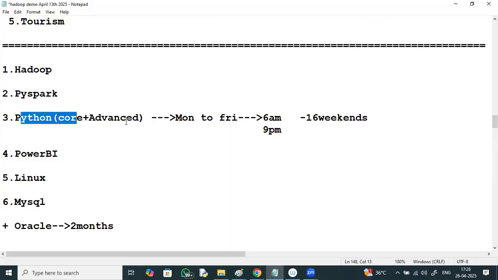Python Core and Advanced, both, around 50 sessions I'll be discussing, because you should have good knowledge of Python, as the total implementation is in Python. So Monday to Friday, you will be having sessions for it. Either morning sessions or evening sessions, 6 a.m. or 9 p.m. will be available, right? You can join any of these.